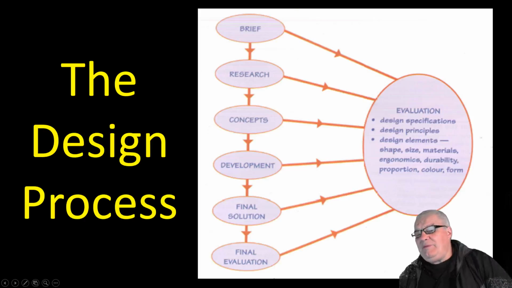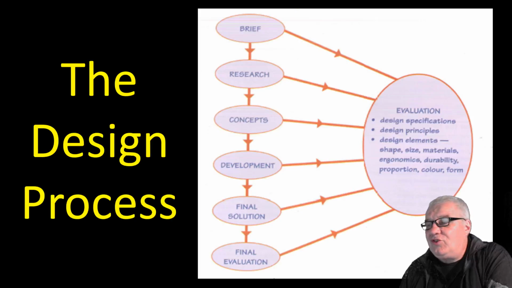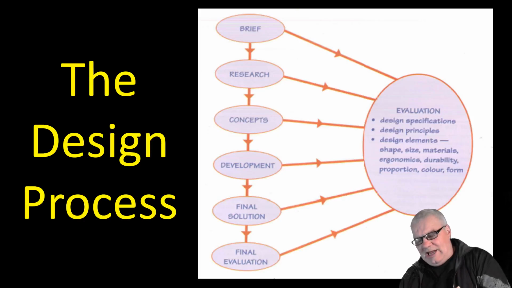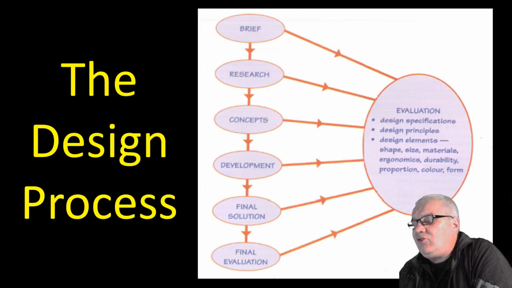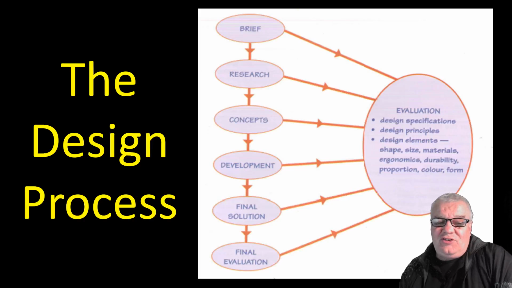Now, the design process, there are many variations of the design process. And this is the engineering design process, really, you might say. And this is just one of them. But I want you to use the tennis ball launcher to provide the evidence that you understand the design process.